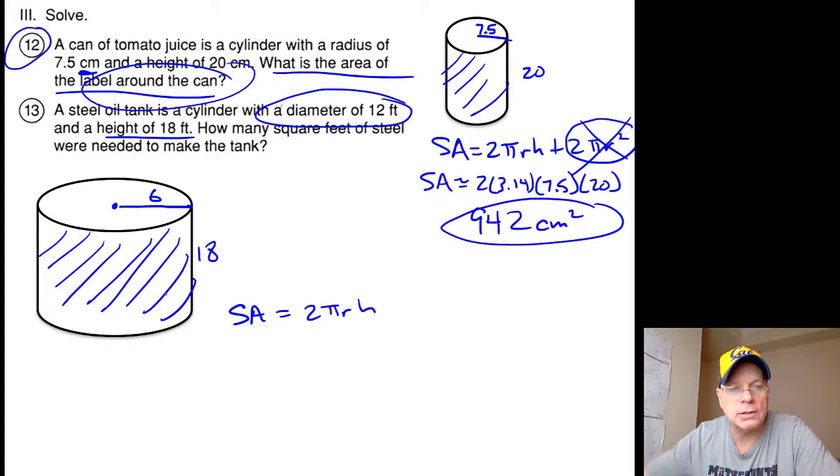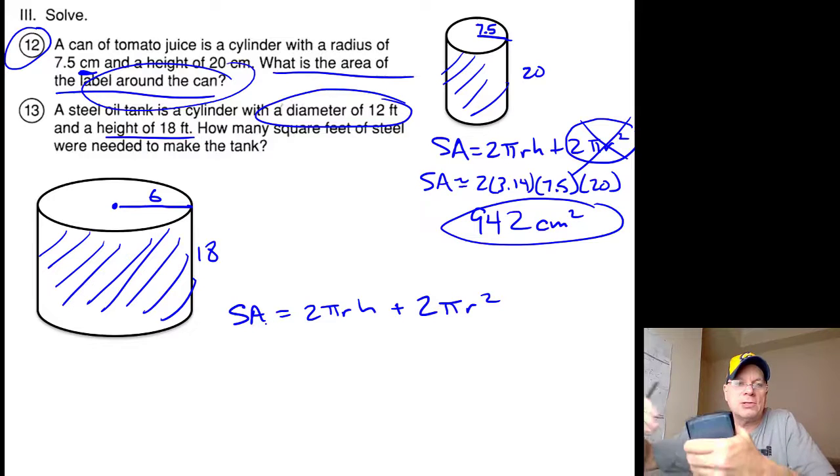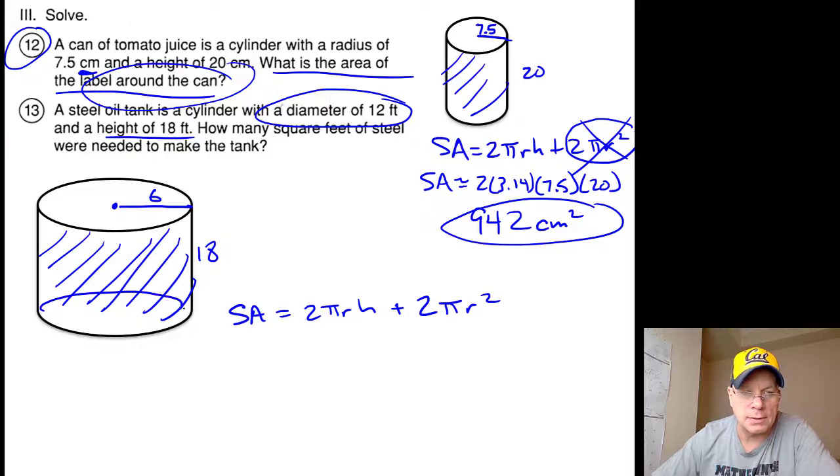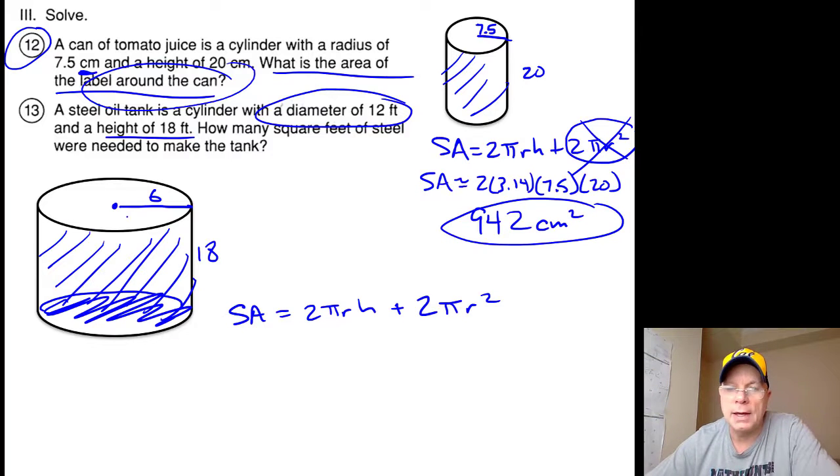I definitely need steel going around the tank to hold in the oil. But when I write the area of the bases, 2 pi r squared, if it's an oil tank that's holding oil, there's no top. There's certainly got to be a bottom, or otherwise the oil is just going to seep into the ground. But the top part is open, so we can pour the oil in. And so we don't have 2 pi r squareds, we have 1 pi r squared.